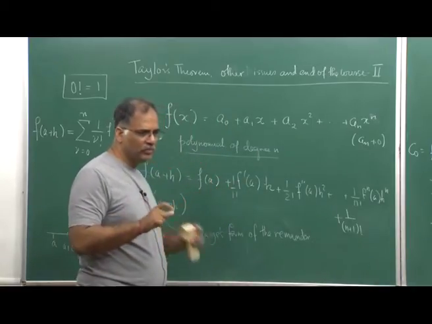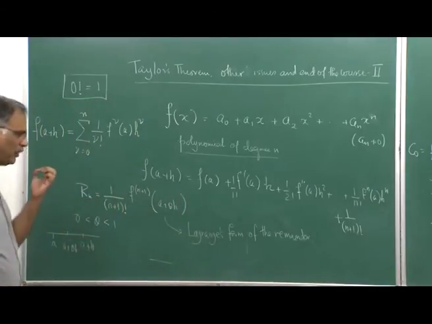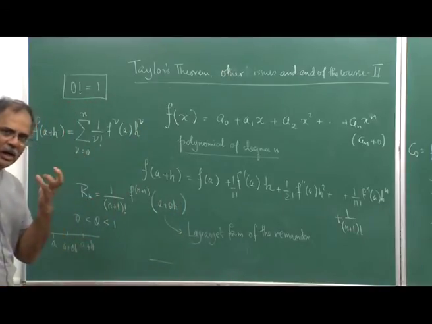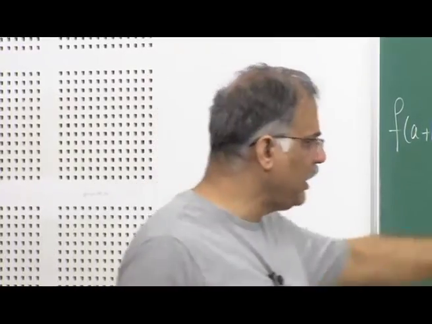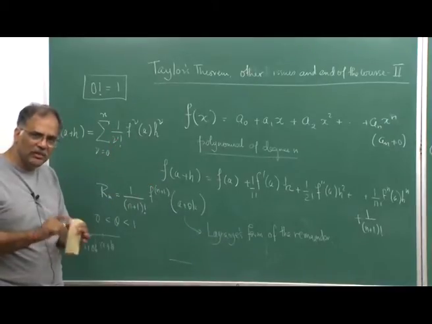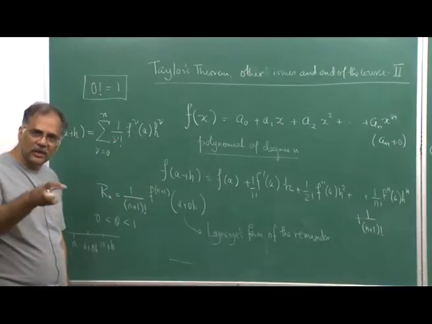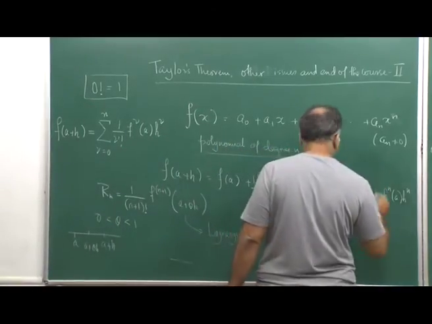See, I cannot go beyond a plus h, I have to remain within that. If I move away from a, I will capture that error. So, it cannot be f n of a because it is not a polynomial, but it could be something a little bit different that will actually pull in the error and make an exact representation.